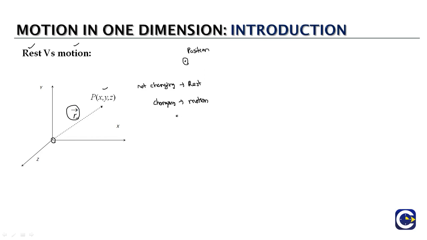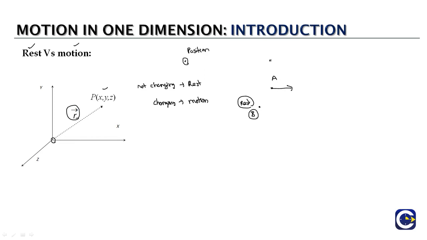Now when we talk about rest and motion, after all, these two are relative terms. I'll give an example as to why I am saying that these two are relative. Let us say, for example, there is an object A which is moving towards the right side, and a person B who is at rest, standing on the ground, will see that the object A is actually moving.